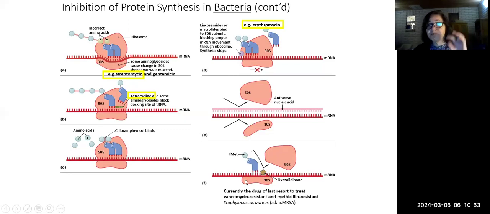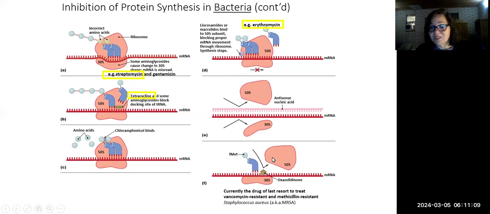So the first bit of translation starts, the small ribosomal subunit, and that first transfer RNA that binds to the AUG, that all starts. But here's the oxazolidinone, and the large ribosomal subunit cannot bind.